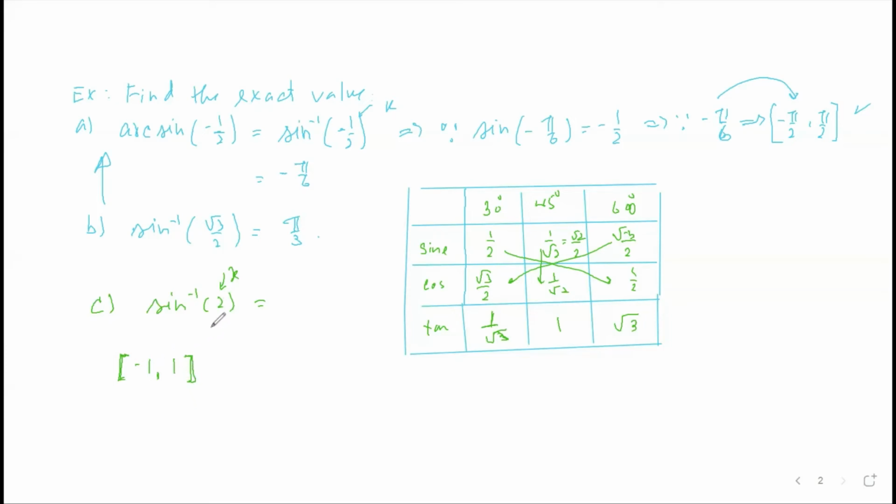So 2 is outside, not inside here. So we can say there is no solution, or it is not possible to evaluate arc sine of 2, because 2 is out of bounds of the restriction of the domain.